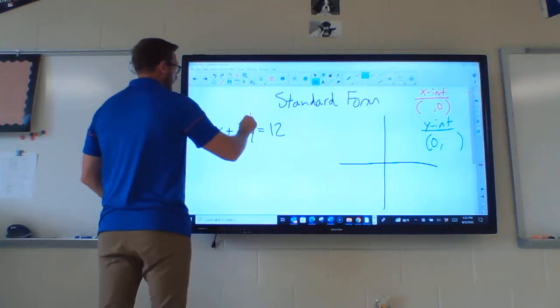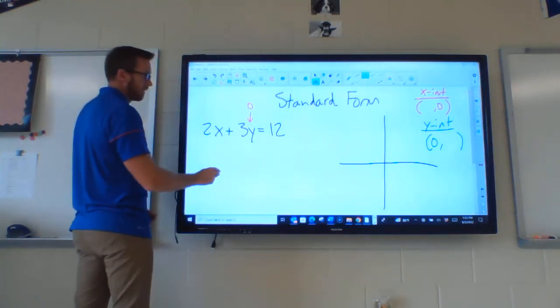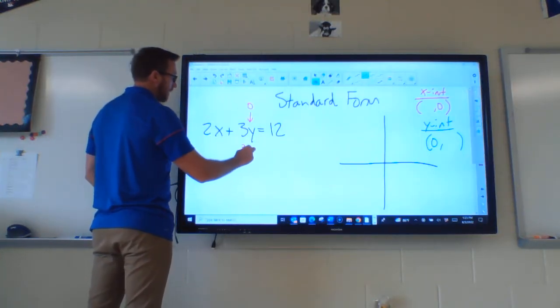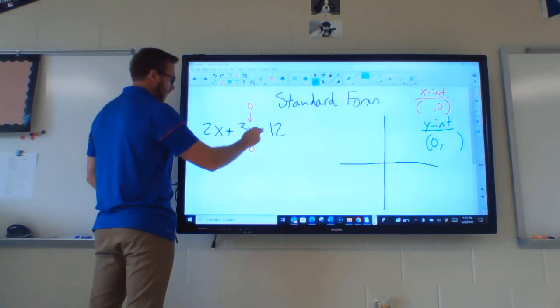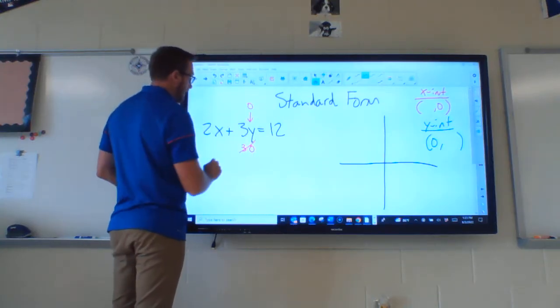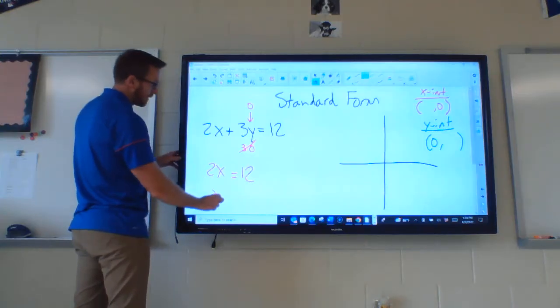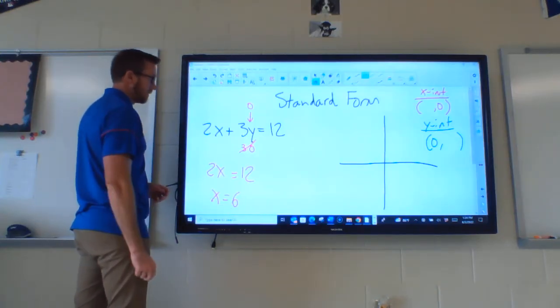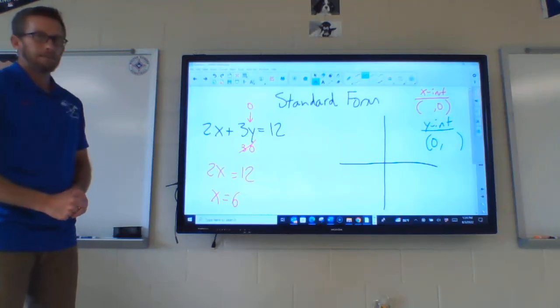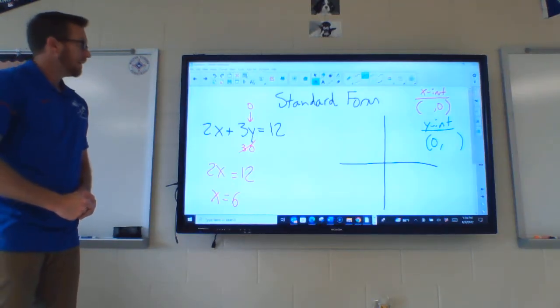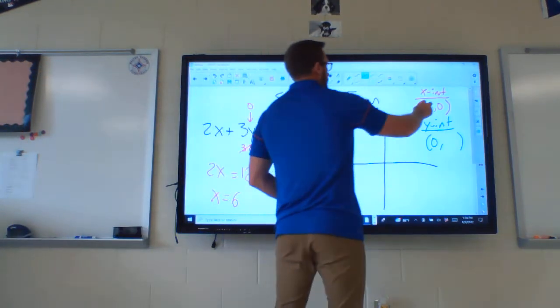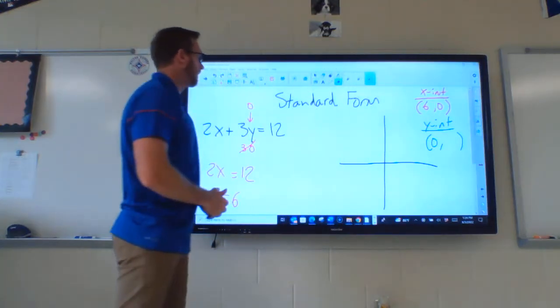So if I plug in 0 for y, right, 3 times 0 is going to cross off. And so I'm just left with the statement 2x equals 12. Solve it, x equals 6. Okay? And so that becomes the x value of the x-intercept.